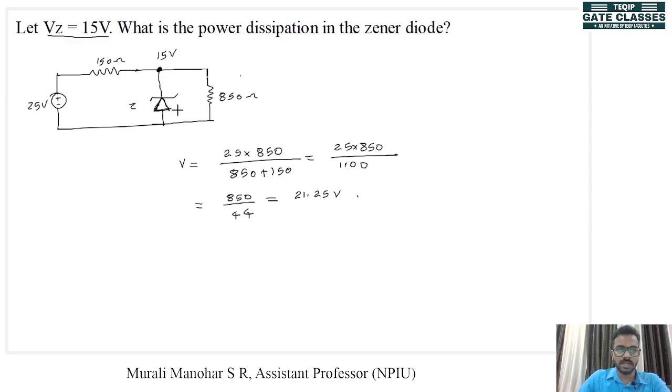But in the real case, the Zener diode is in the breakdown region, and this voltage is now tied to this potential of 15 volt, which is the breakdown voltage of this Zener diode, the knee voltage of this Zener diode. Okay. So here the potential is 15 volt.